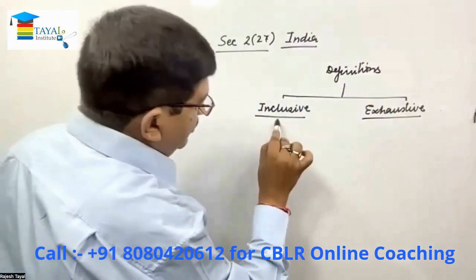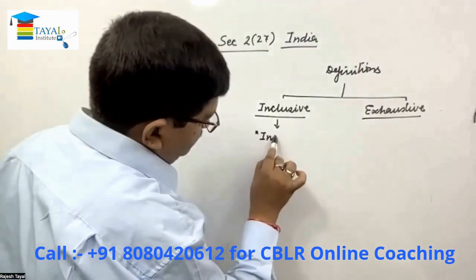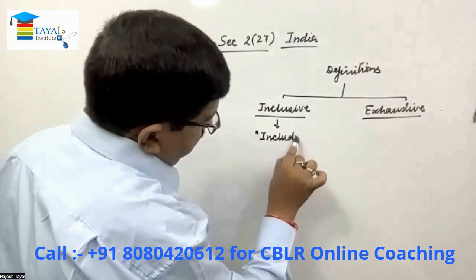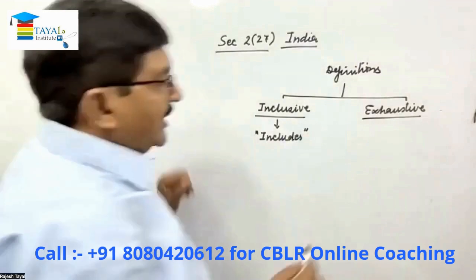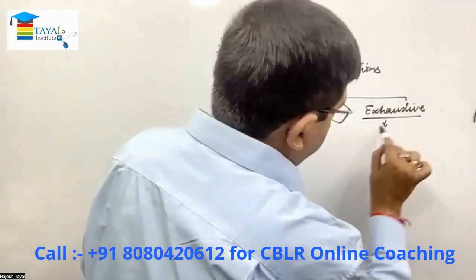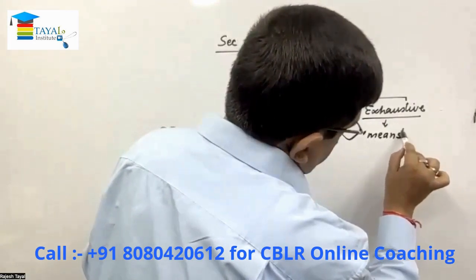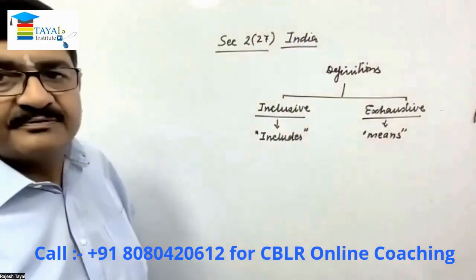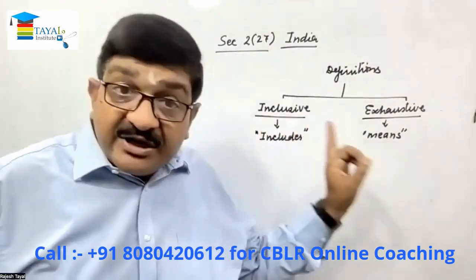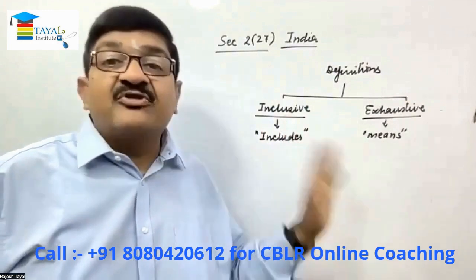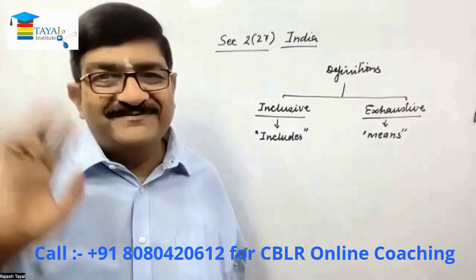The inclusive definition will normally have the word includes, and the exhaustive one will have the word means. These are not standard words. In 99% of cases you will find it this way, but there is a 1% possibility these words are missing.